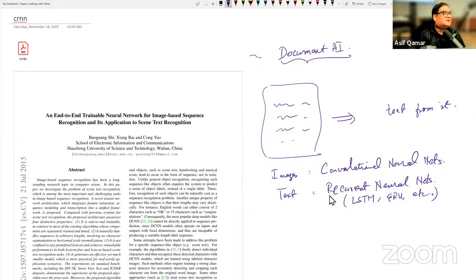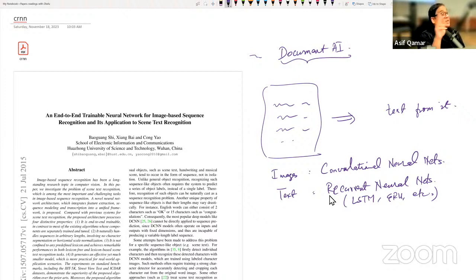And so it was natural to ask, can we apply convolutional networks to the document AI problem? In those days, it was optical character recognition. When you do that process, there are actually two problems that you solve.